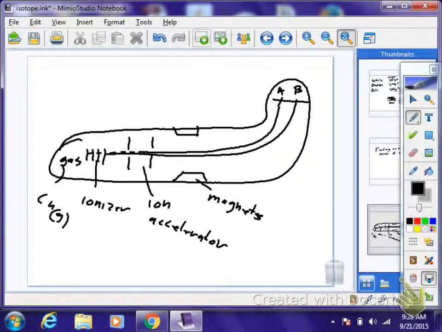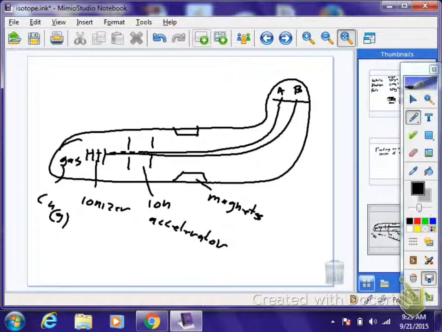B takes longer to be deflected because it has a bigger mass and wants to continue in a straight line, whereas A is lighter and it's easier to change its motion. That's everyday life: a big mass is hard to change direction, where a small mass is a lot easier, with less force.